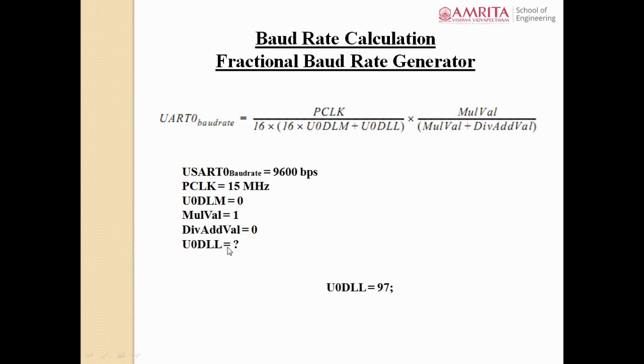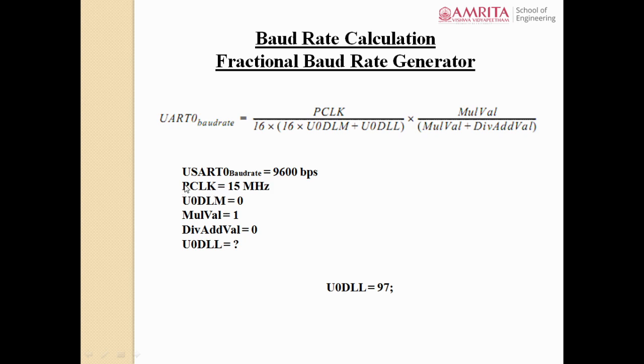So what value should be written to U0 DLL in order to configure the baud rate as 9600? You will be getting it as decimal 97. So if you are moving decimal 97 to U0 DLL, you are configuring the baud rate of UART 0 as 9600. Why you are not setting all these bits?